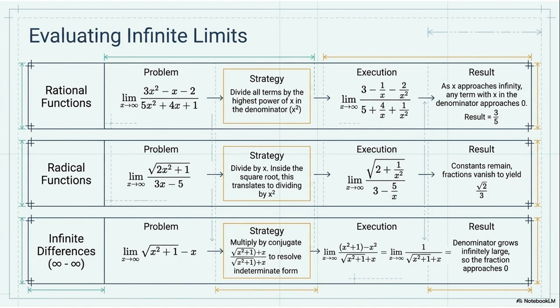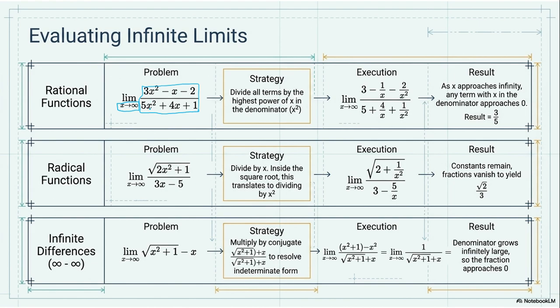Here x tends to infinity. So what happens when x approaches infinity? What happens to this function? Then to calculate this, there are three types here.